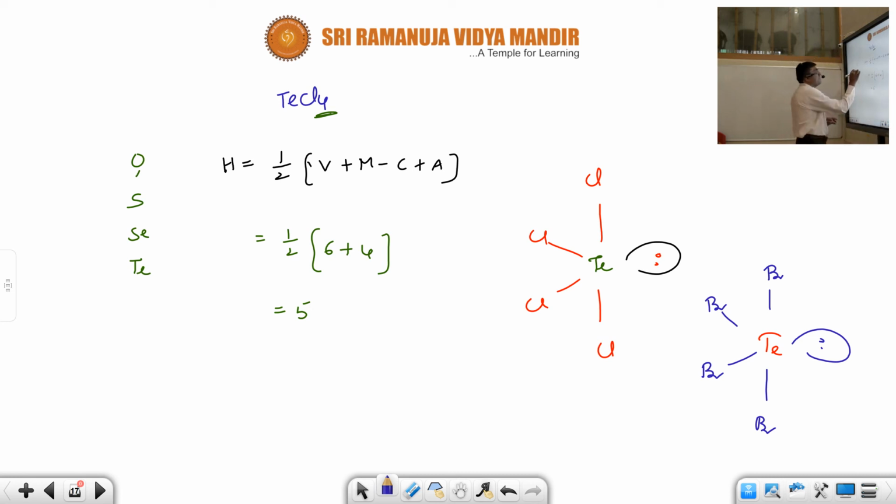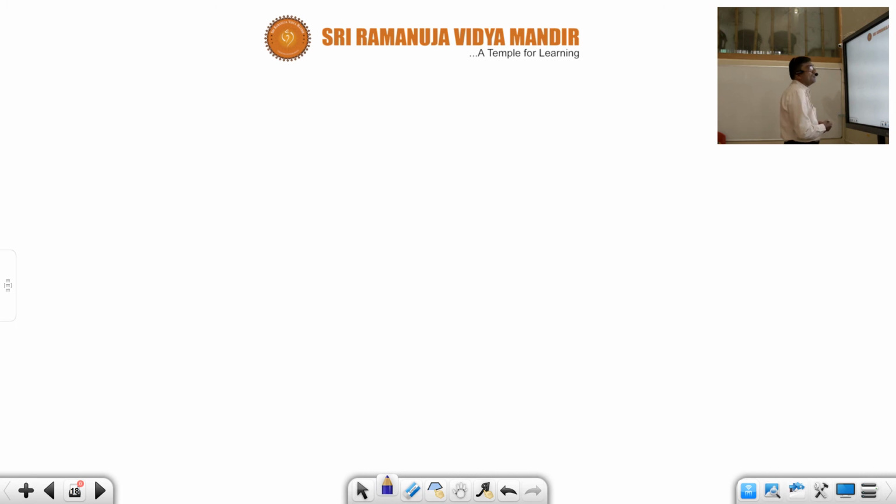Sulfur belongs to the same family, that's why SCl4, SF4, these are all the same. Similarly, TeCl4, TeBr4 are the same. These 4 were asked in previous competitive examinations. So this is how you can solve them.